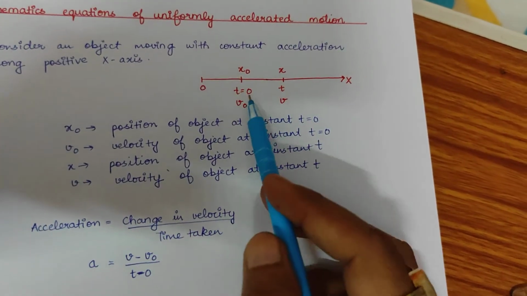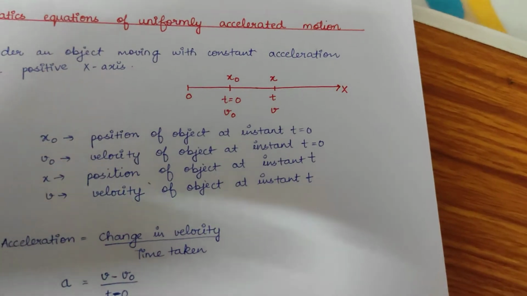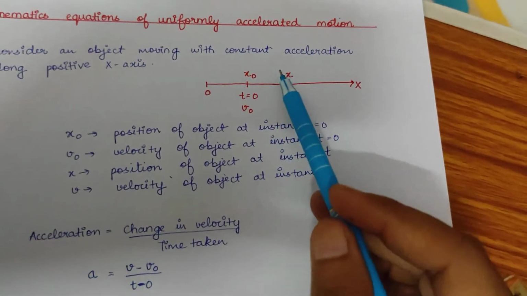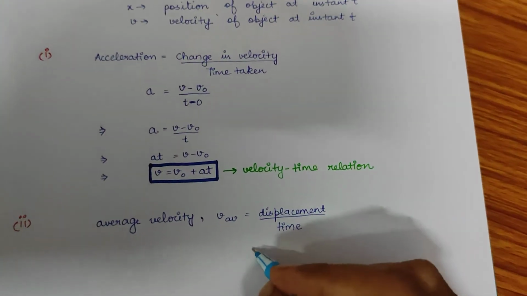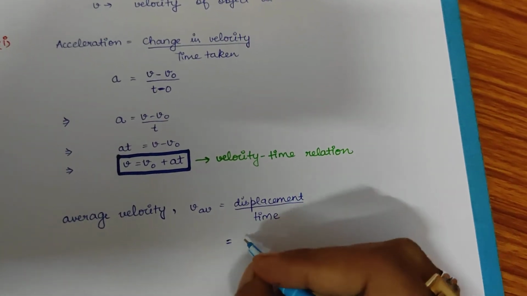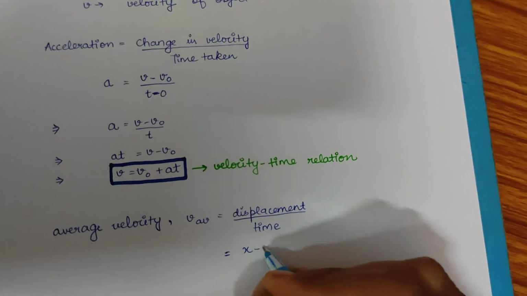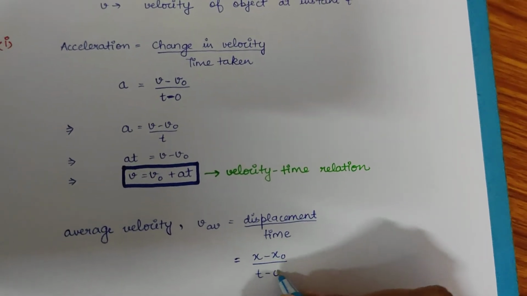As you can see, at t equals 0 the position of the object is x naught, and at time t the position is x. The displacement is the difference of positions, so displacement will be x minus x naught upon time t minus t naught.